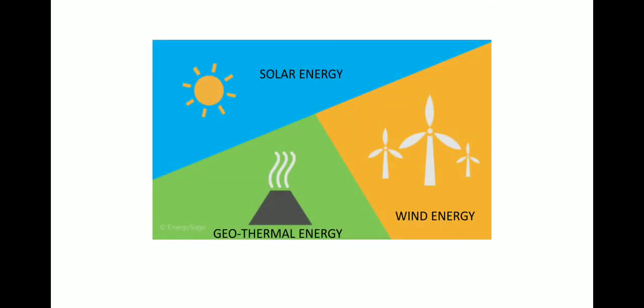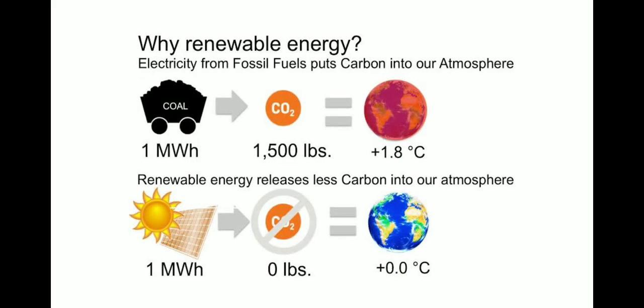Instead we should go for some renewable sources of energy, like solar energy, geothermal energy, wind energy. So these are the most important renewable sources of energy that can be used. Now the question lies, why renewable energy?